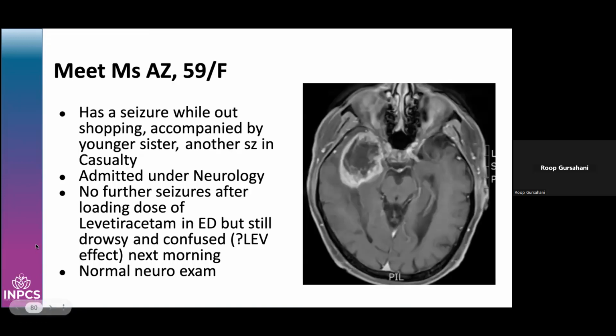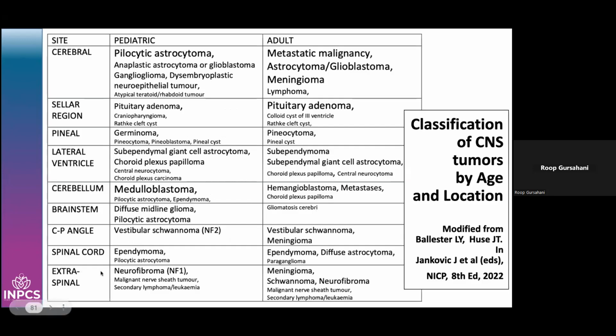So let me start off with the first case. This lady was under my care. She had a seizure while out shopping, and she had another seizure when she arrived in the casualty. She had no further seizures after she was given an antiepileptic, and her neurological examination was completely normal. Now, this was a scan that was done.